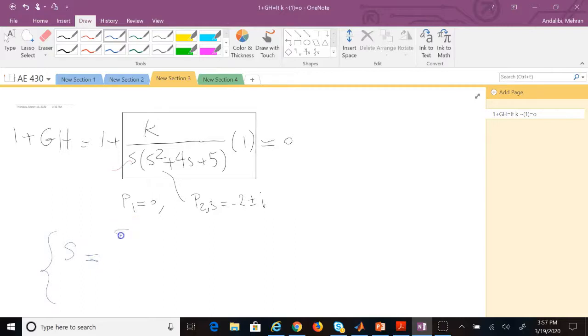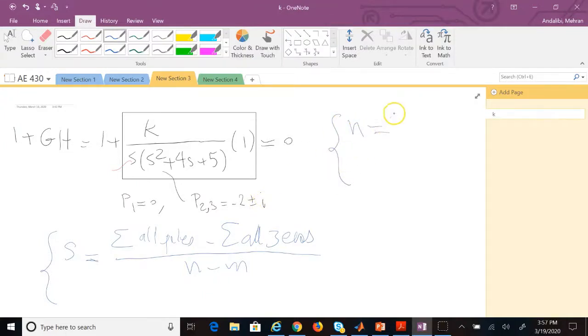Summation of all poles, right, minus summation of all zeros divided by n minus m. First of all, what is n? What is m? n is the number of poles, so we have 3 poles, so n is equal to 3. And how many zeros we have? None, so m is equal to 0.